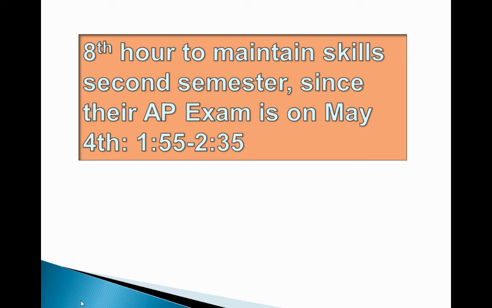The issue is to be able to get that learning through some of their struggling that will go on. And one avenue that I have for students second semester, so that way they can maintain their skills, because they obviously will have Calculus AB first semester, and then second semester they don't have a calculus class. And they're expected to retain all their knowledge up until their exam, which is on May 4th.